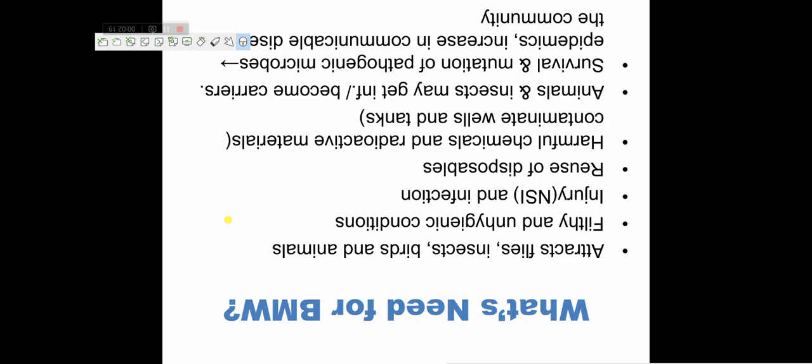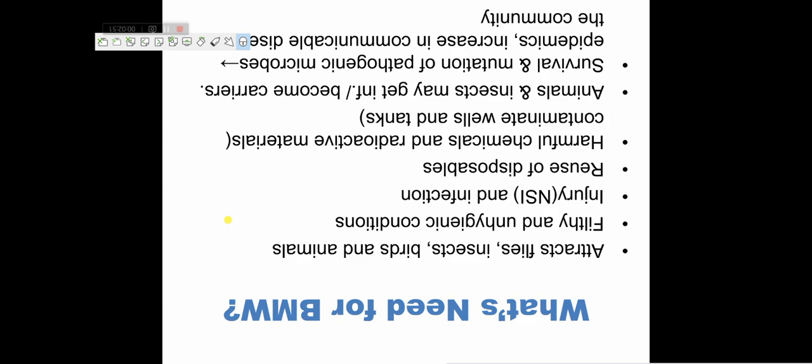There can also be injury and infection. If a wound is open and there is unhygienic waste, bacteria and microbes will grow on the waste and spread in the air, and it will affect our open wound. Then there is reuse of disposables. Harmful chemicals and radioactive materials will contaminate the wells and the tanks.